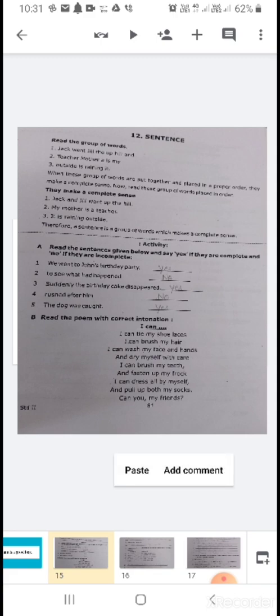Now the activity related to this: read the sentences below and write yes if it is a complete sentence, or write no if it is not. The first is "We went to John's birthday party." Is it yes or no? Yes.